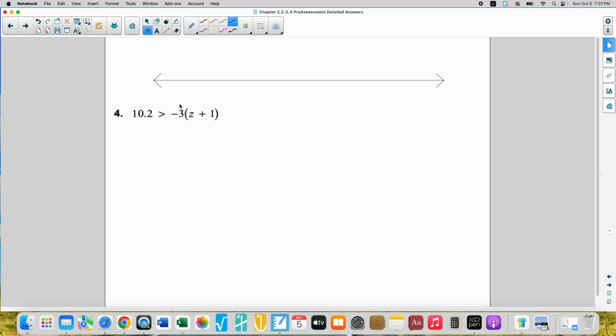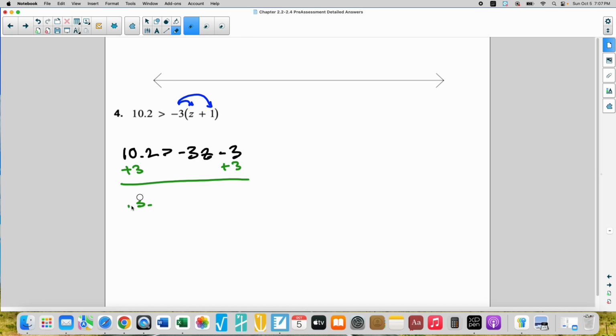I'm going to use distribution again. 10.2 is greater than -3z minus 3. Let's add that 3 to both sides, giving me 13.2. 13.2, lining up the ones place, is greater than negative 3z.